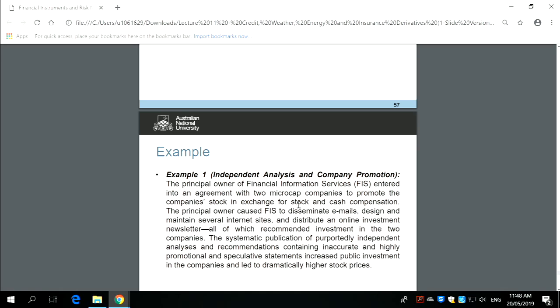So this is the typical pump and dump scheme. Once the FIS pumps up the stock price, at a later stage, most likely those who accumulated the shares earlier would dump those shares at a high price, all right? For those investors who read into that misleading information, that would cause a loss for them, right?